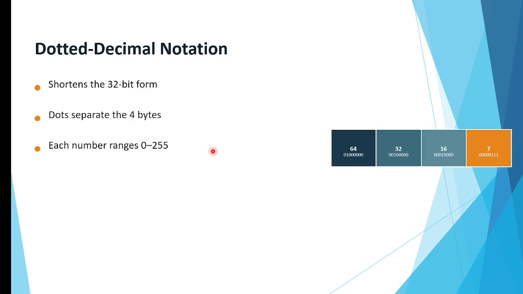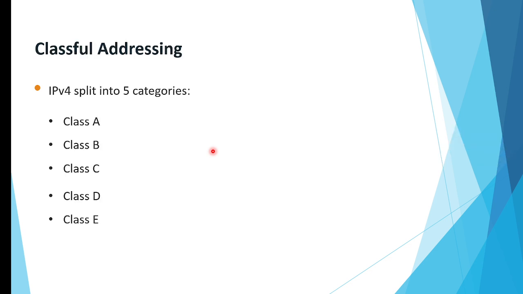Next one is the dotted decimal notation. The internet addresses are usually written in decimal form with a decimal point separating the bytes, called as dotted decimal notation.